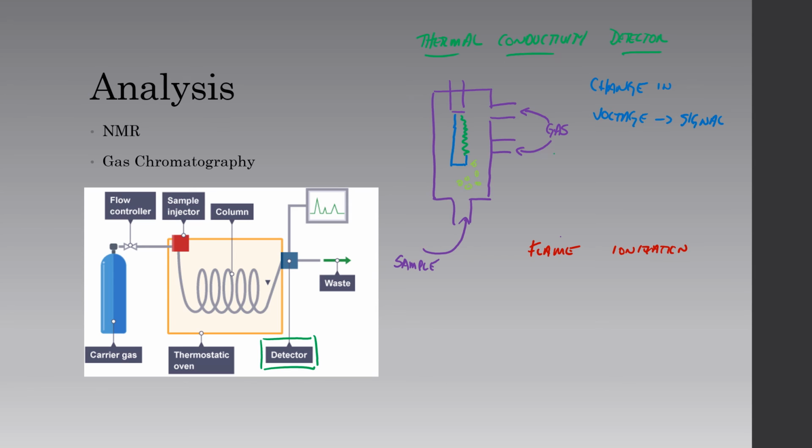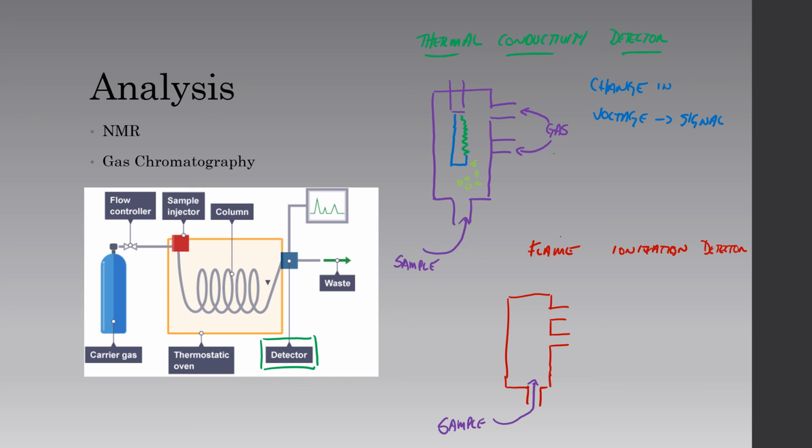And you're going to see some similarities here. So flame ionization detector. So if we have our sample box, right, it's got some ports for gases in and out. Our sample comes in at the bottom, just in our schematic, right? I'm just giving you guys an example.